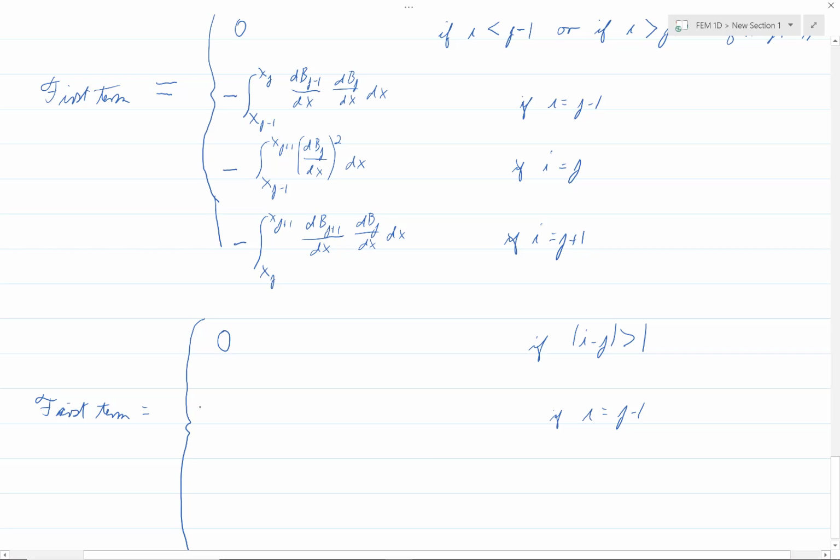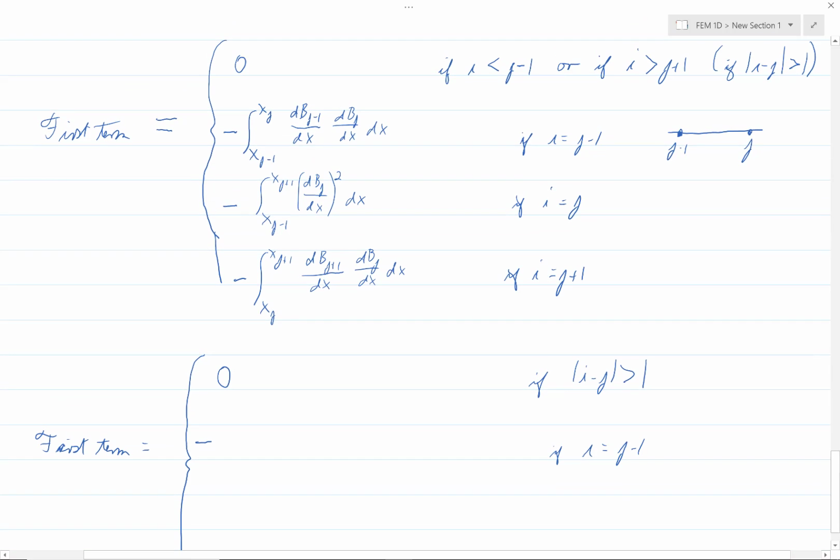Well, we have, we're looking up above now, and we have negative the integral from x_{j-1} to x_j of (db_{j-1}/dx)(db_j/dx) dx. So we'll just draw a little picture over here to help us remember exactly what this looks like. So here is node j minus 1, and here is node j.